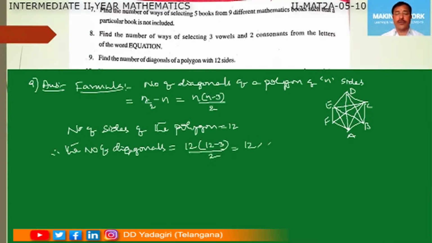This is equal to 12 into 9 by 2. So 9 into 6, 54. So 54 diagonals can be formed in a polygon of 12 sides. Okay.